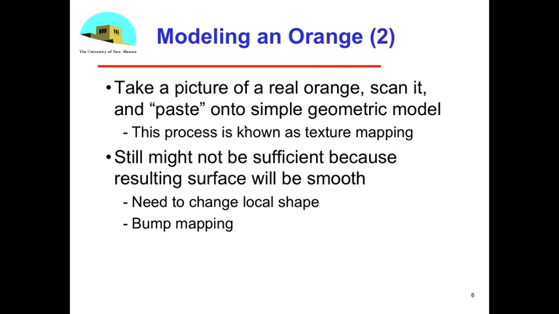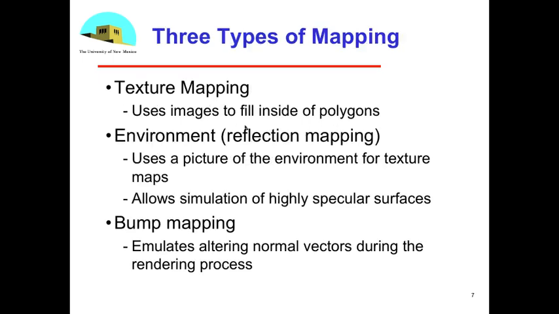So that gets us into the three kinds of texture mapping that we're going to be doing. The basic texture mapping of just using an image to color the polygons that we're going to use in our geometric model, or somehow combine them with other effects such as normal lighting plus have an image mapped on.